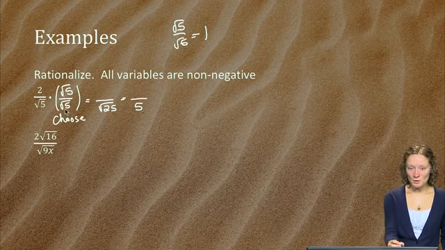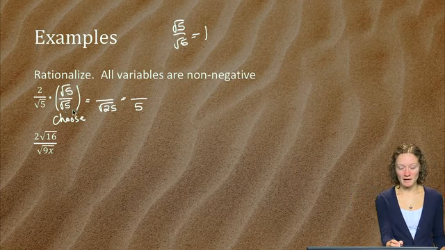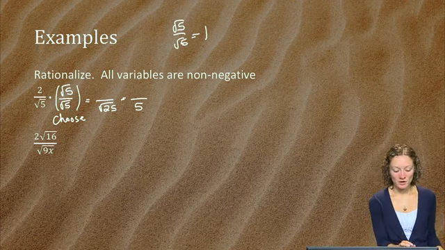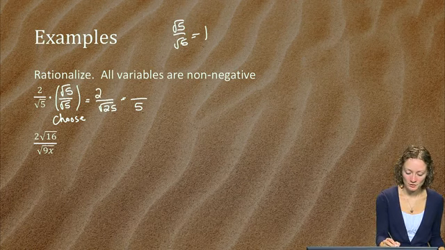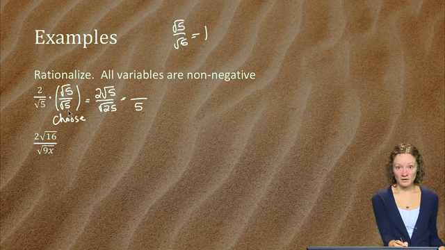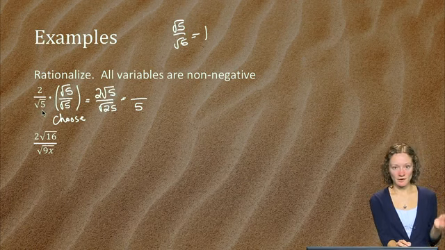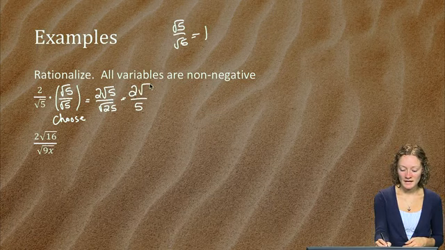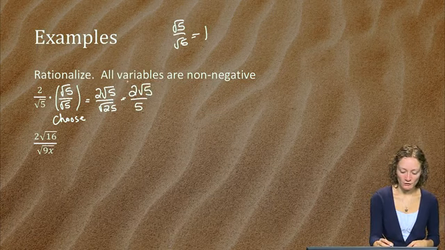So we choose square root of 5 over square root of 5 to multiply by, and then actually carry out the multiplication. So straight across, 2 times square root of 5 is 2 square root of 5. The denominator, square root of 5 times square root of 5, is square root of 25, which is 5. And the numerator, in this case, doesn't simplify anymore. So we get 2 square root of 5 over 5.